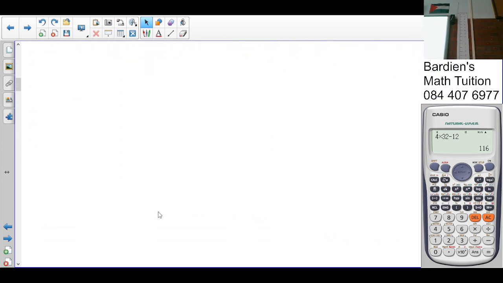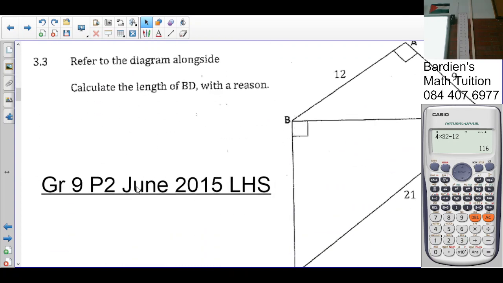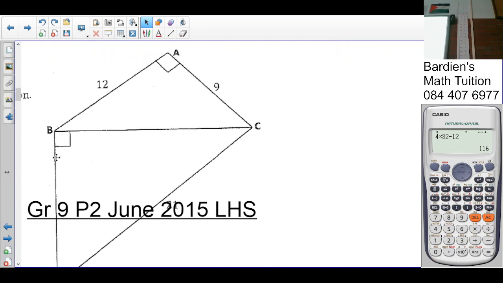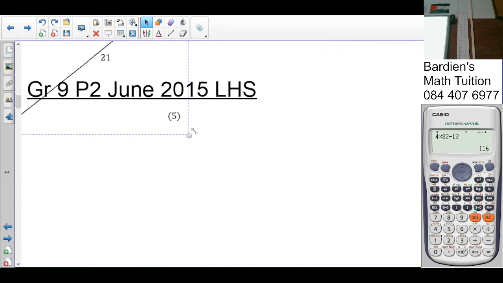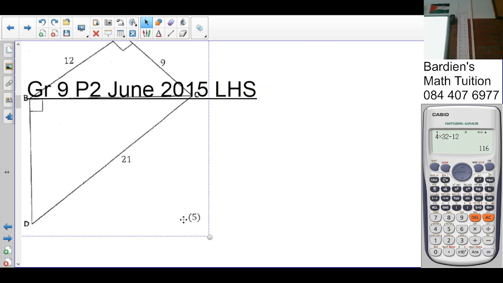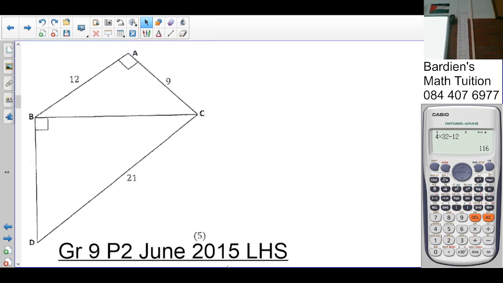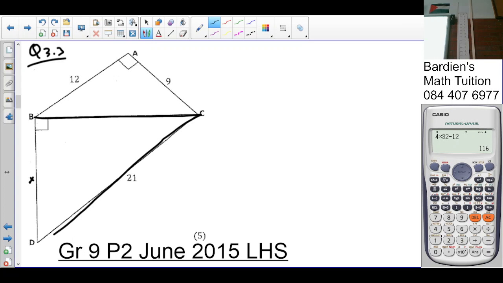Okay. The next question says, refer to the diagram alongside, calculate BD with reason. This is question 3.3. So BD, this length here. But if you look at this triangle BDC, can I calculate BD in that triangle? No. Why?